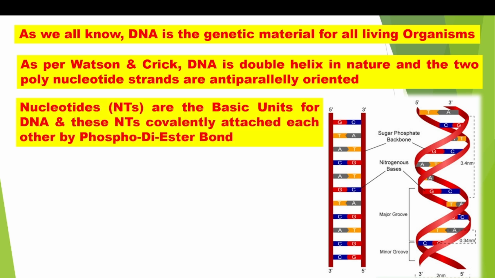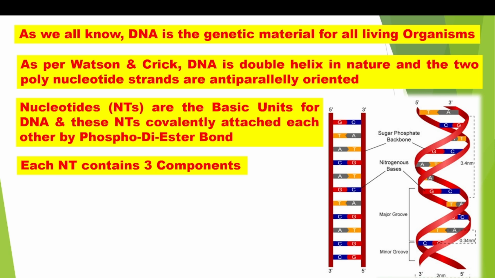Each polynucleotide contains nucleotides. That means nucleotides are the basic units of DNA or polynucleotide strands. These nucleotides are covalently attached to each other, polymerized by phosphodiester bonds. Each polynucleotide contains a number of nucleotides, and each nucleotide connects to the next by a phosphodiester bond.